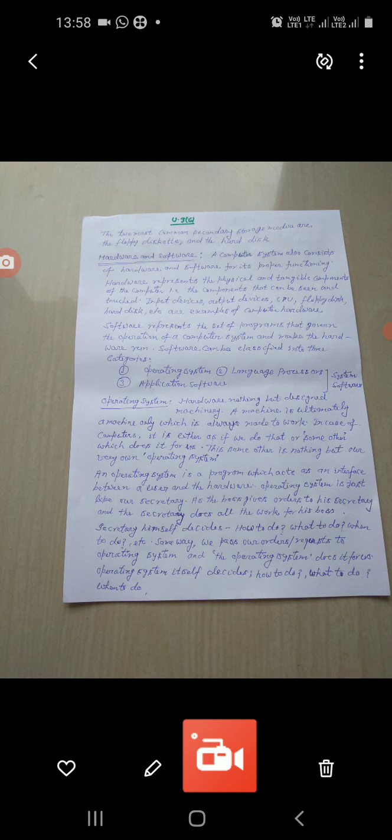Hardware represents the physical and tangible components of the computer, that means the components that can be seen and touched. Input devices, output devices, CPU, floppy disks, hard disks, etc. are examples of computer hardware.